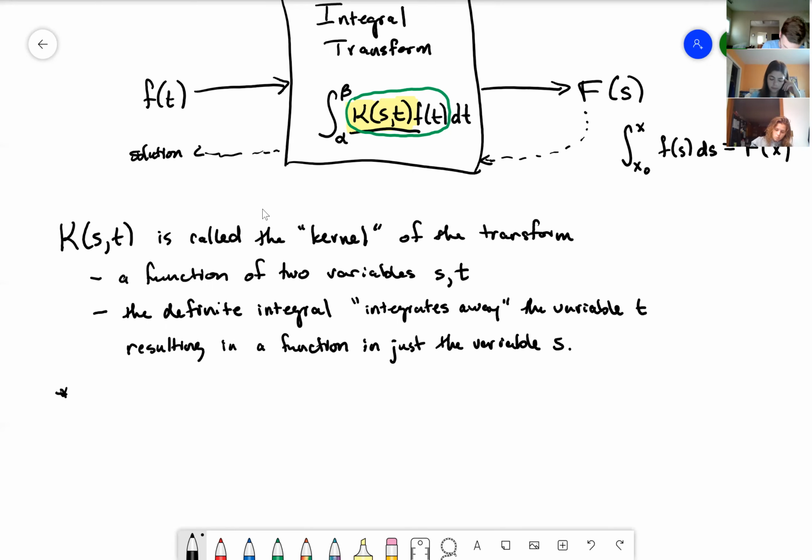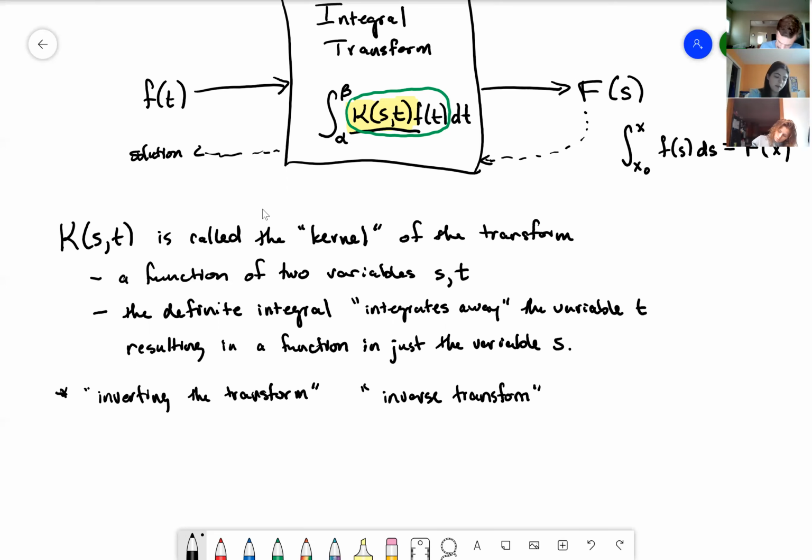This is called inverting the transform, if it has an inverse transform associated with it. So a transform that takes the output and turns it back. That's how these tools of integral transforms work.